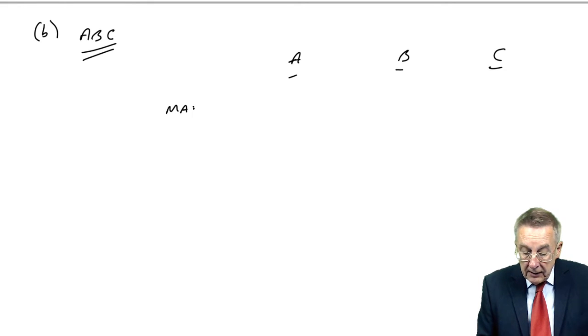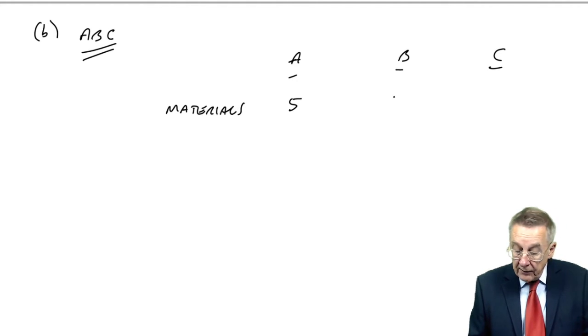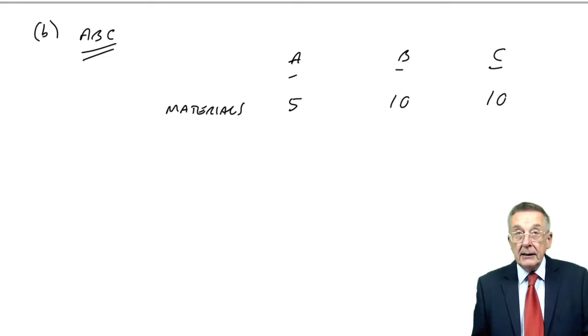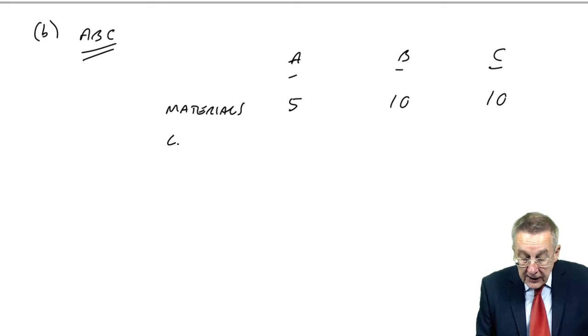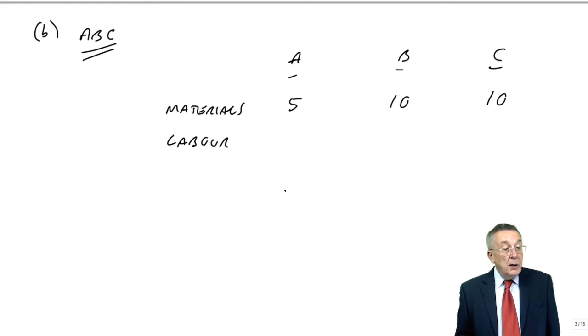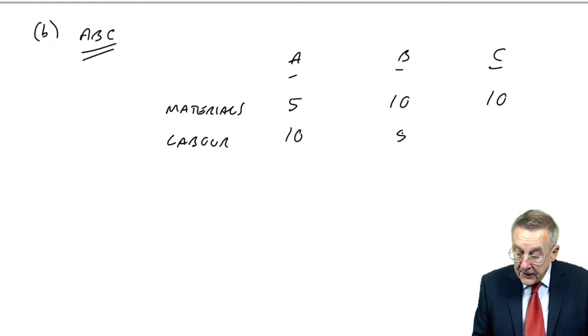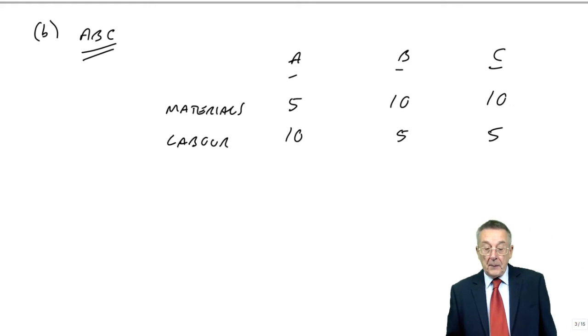And so per unit, materials, this isn't affected. Each unit of A, it's the same question, appreciate, is $5. Each unit of B is 10, each unit of C is 10. There's labour, and again, just as before, A takes 2 hours at $5 an hour is $10 a unit. B and C take 1 hour.